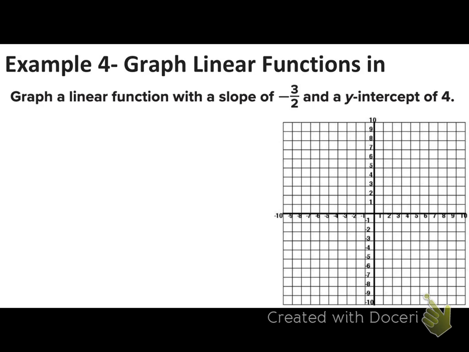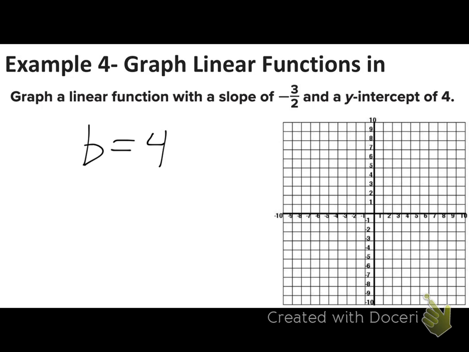Anytime I'm given the slope and the y-intercept, or an equation in slope-intercept form, which is essentially being given the slope and the y-intercept, the very first thing I need to graph is the y-intercept. That's going to be my starting point. So it tells me my y-intercept, or my b value, is 4.